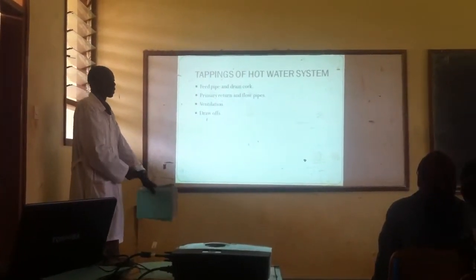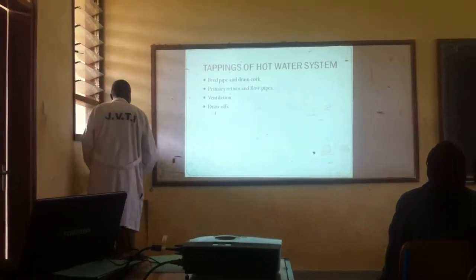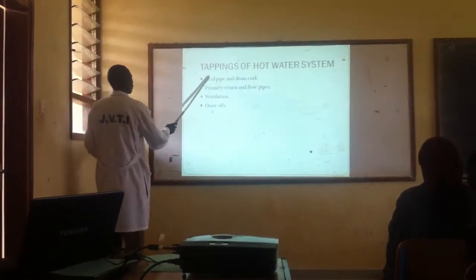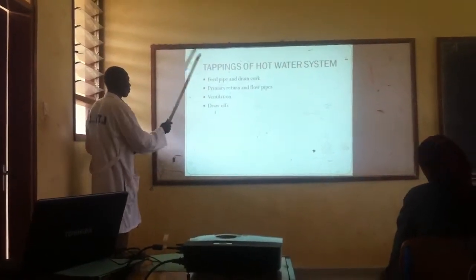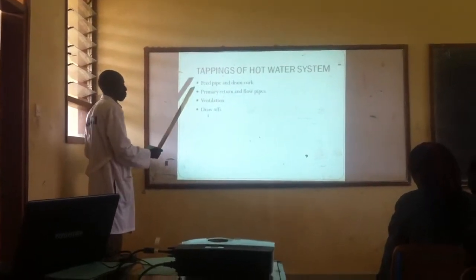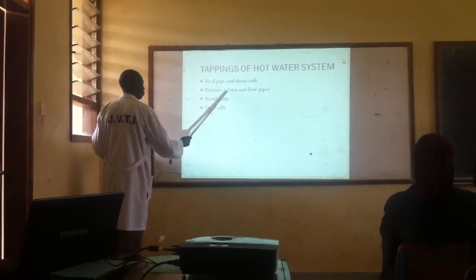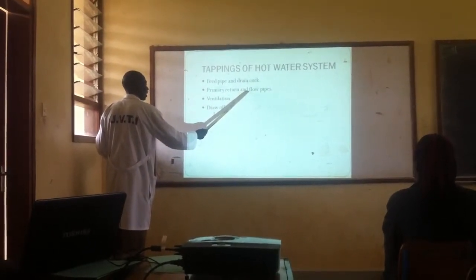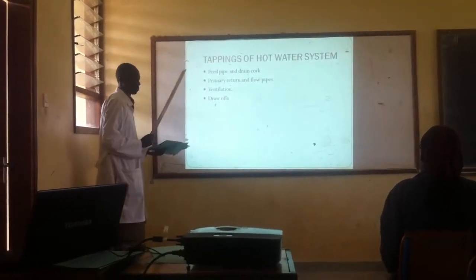So another end will swell because they have a direction. And that's why we have a feed pipe and a drain cock. Then we have the primary tank and flow pipes.